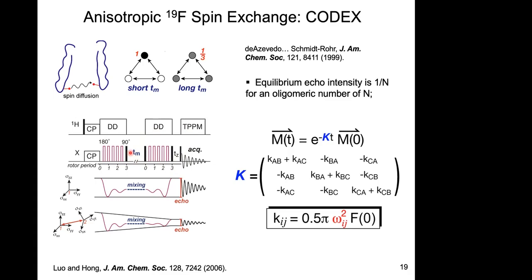So even when there is no motion or spin diffusion, you could have intensity dropping because of T1 relaxation. That's not of interest. So having a second TZ period allows you to run a control experiment where you switch the magnitude of TZ and TM.